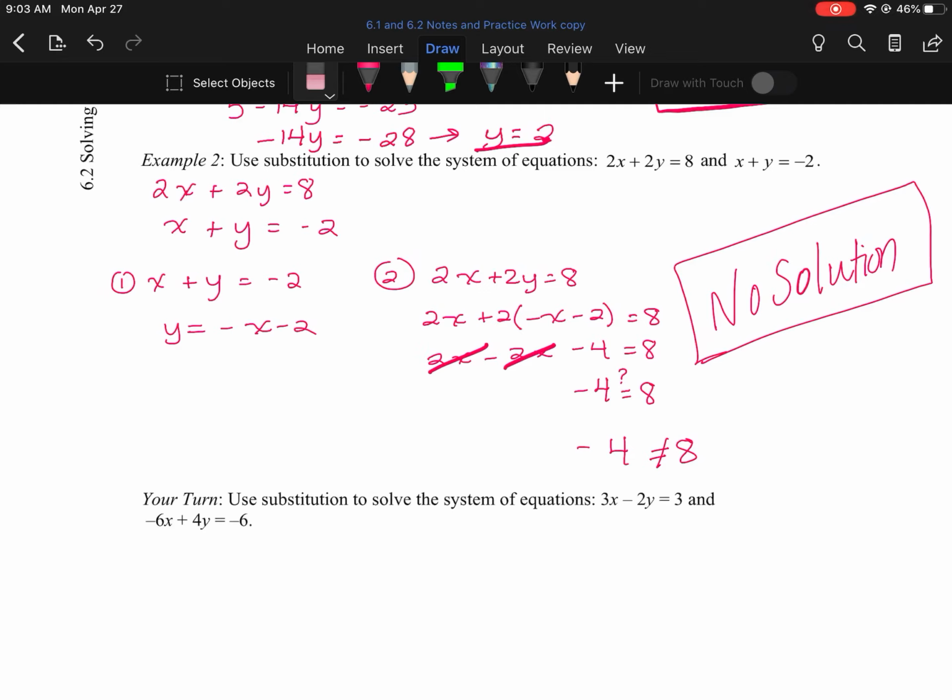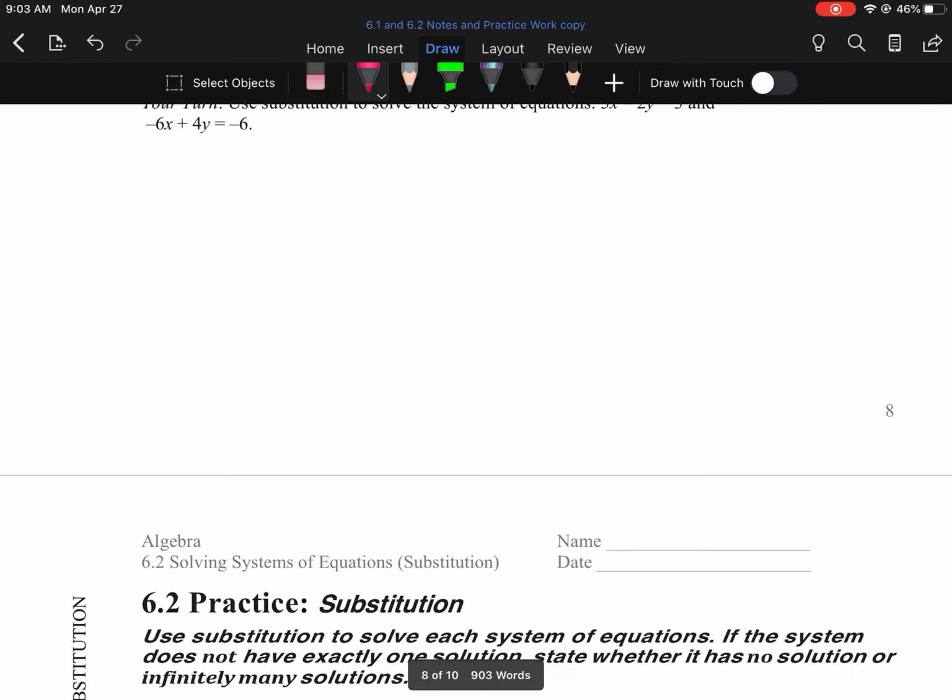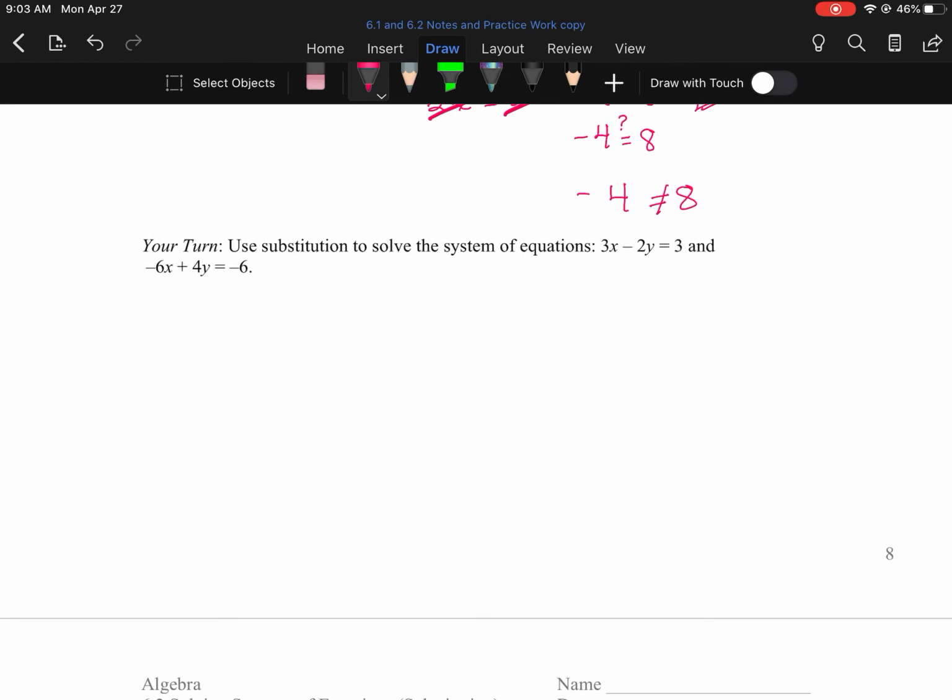And we can just think about that graphically. Graphically, what that means is that for no solution, I'm going to have 2 parallel lines. For many solutions, I'm going to have one line that's right on top of another line. All right, so this is the last your turn. So go ahead, try it, and see what happens.